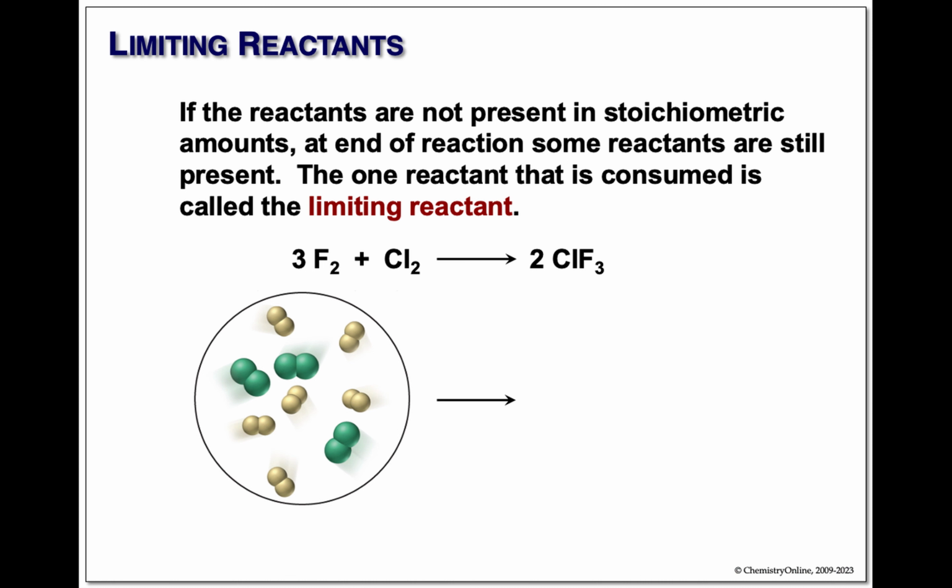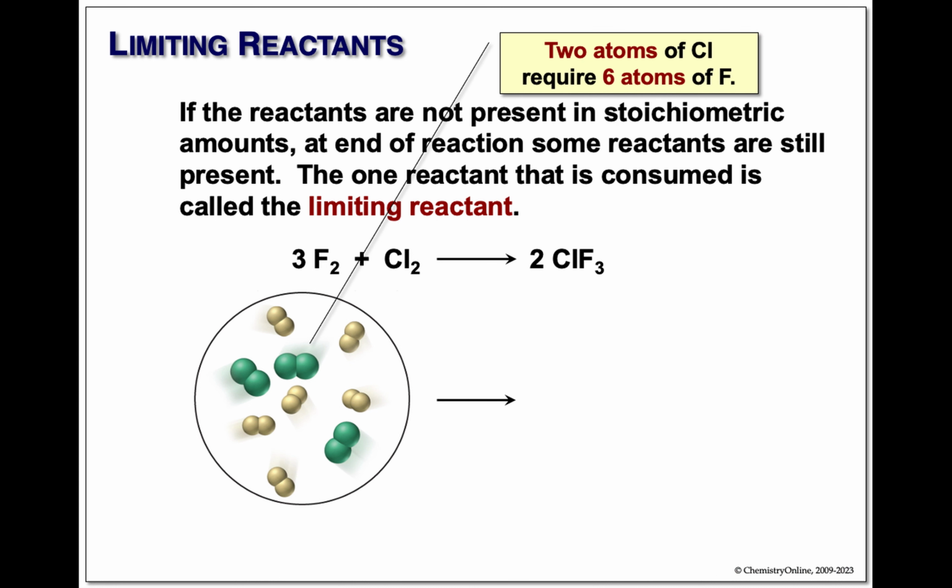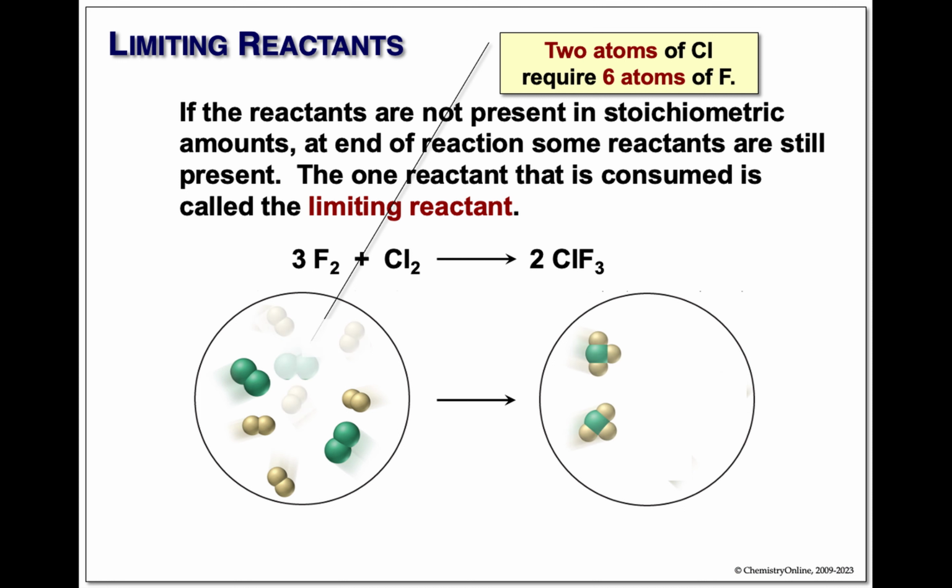Okay? In order to make ClF3, 2 atoms of chlorine require 6 atoms of fluorine. So in terms of concept, let's take and remove 1 chlorine and 3 F2s. That's 6 atoms. That gives us 2 moles of product.